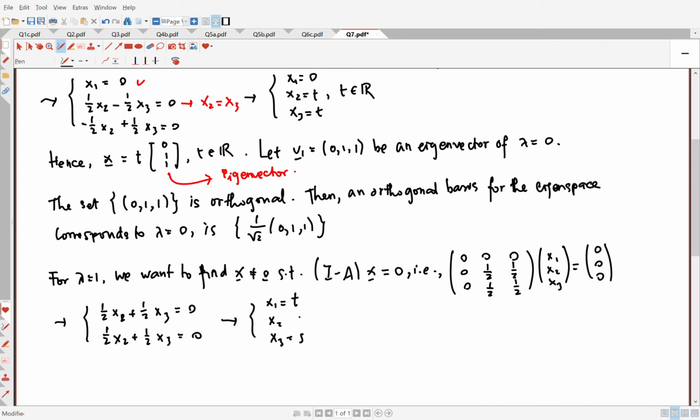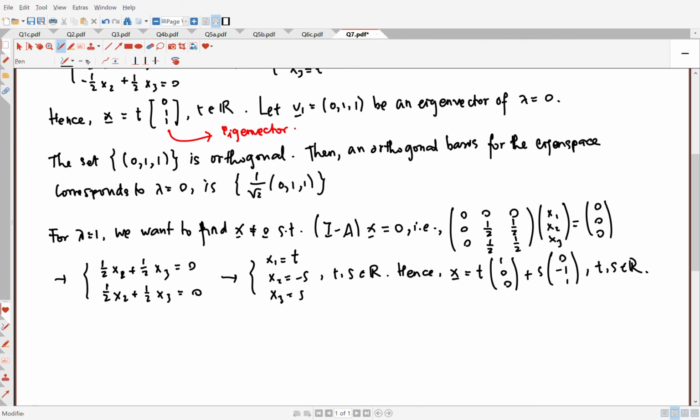Let's say s is x3, so my x2 is minus s, where t and s are real numbers. Hence, x is just equal to t times (1, 0, 0) plus s times (0, minus 1, 1), where t and s are real numbers.